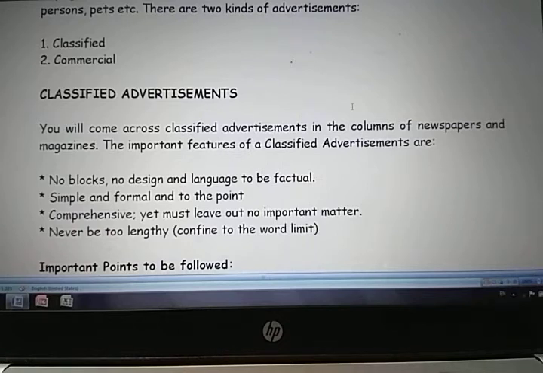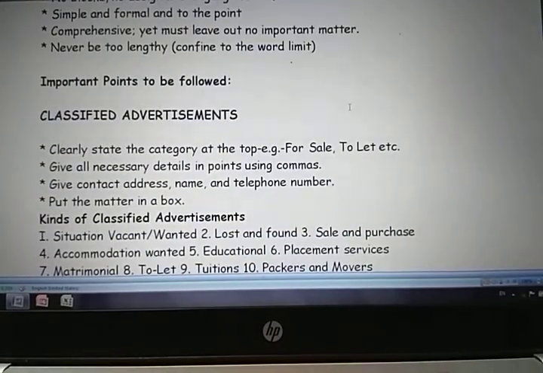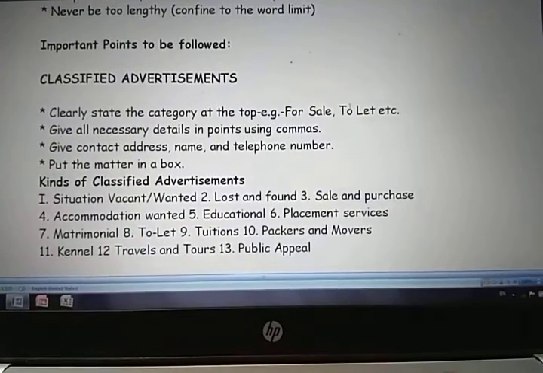So when we do the practice of writing, then in detail I discuss those phrases. Now next, what are the important points to be followed? Clearly state the category at the top. Suppose it is for sale, you should give a heading, For Sale.